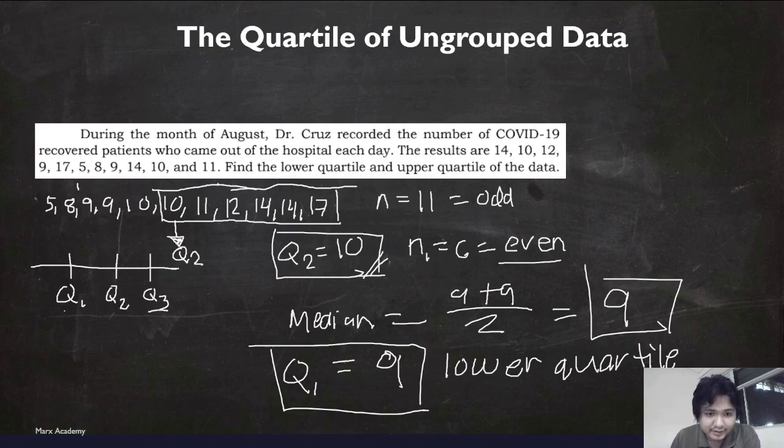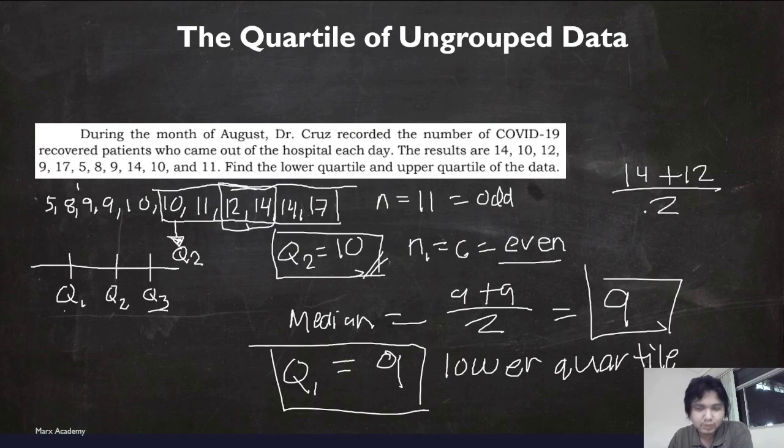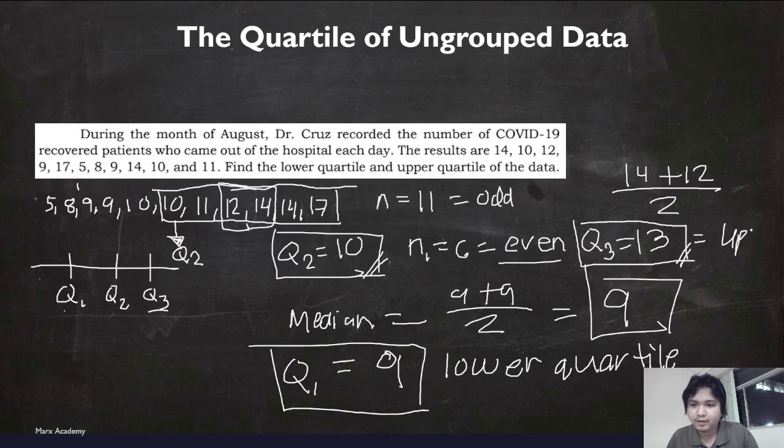Here are our middle numbers: 14 plus 12 over 2, in which 14 plus 12 equals 26. 26 divided by 2 would be 13. So quarter 3, this is our upper quartile, equals 13.